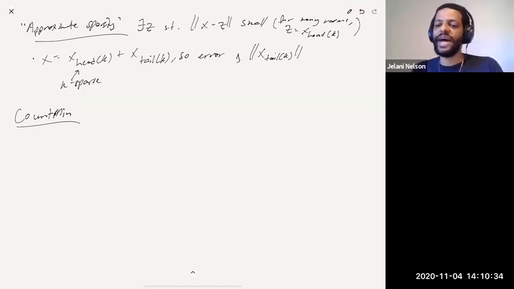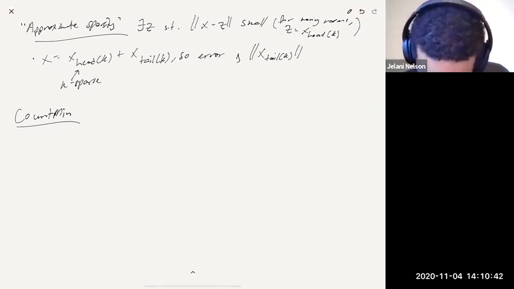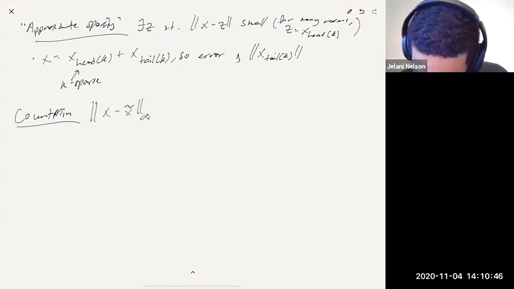The fact that xi tilde is close to xi for all i basically means you have an L infinity norm guarantee. Essentially, Count-Min tells you that the L infinity norm of x minus x tilde is at most something like 1 over k times the norm of x tail k.